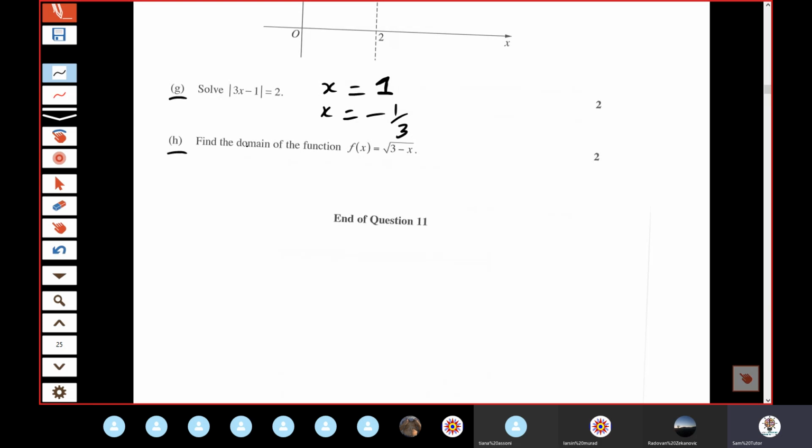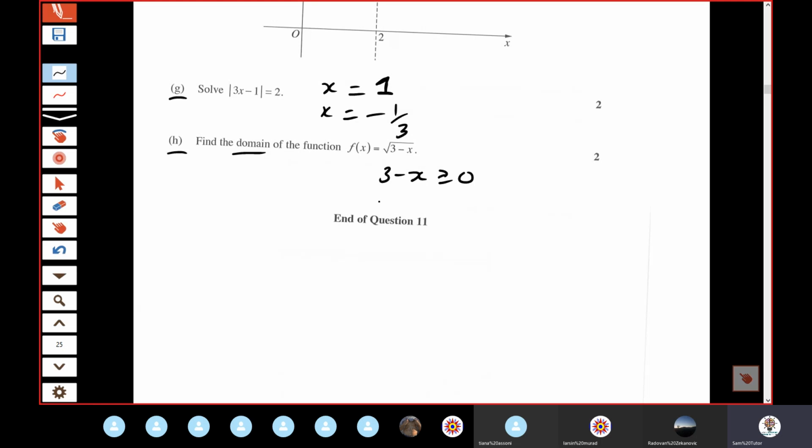H, find the domain of the function. Can anyone see the answer straight away, what the domain should be? 3 minus x must be bigger than or equal to 0, because you can't have a square root of a negative number. So, what's your answer? Yeah.